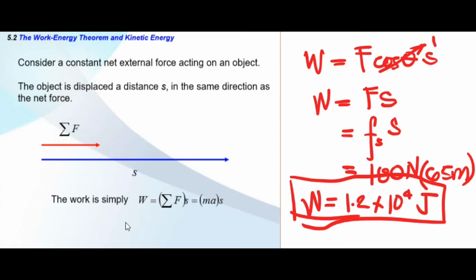Now, the work simply is the summation of force times the displacement s, where the summation of force is equal to mass times acceleration, times s. So this is an equation for work.